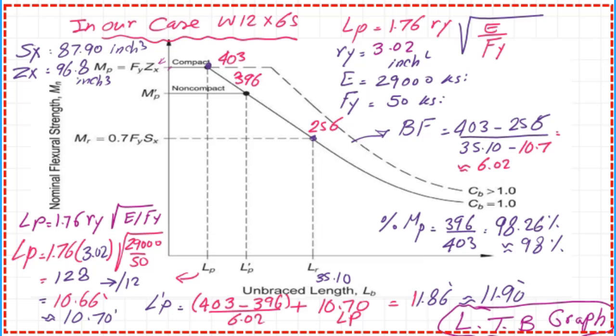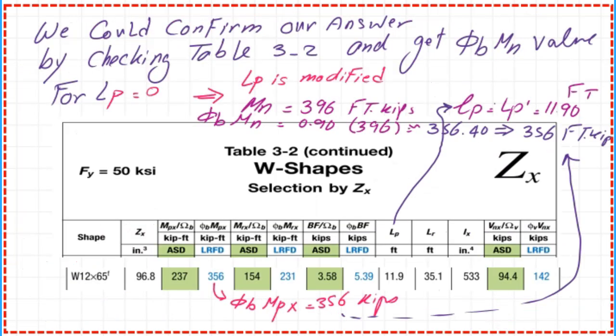Then we can write 10.7 plus 403 minus 396 divided by 6.02 equals 11.86 feet, that we rounded to 11.9 feet. We will move to the next slide.